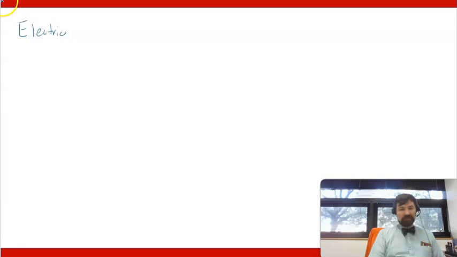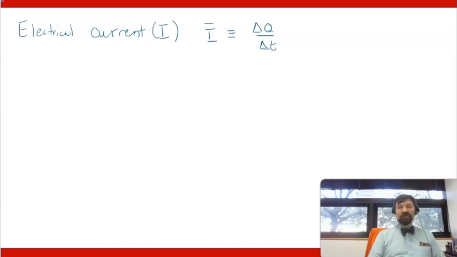Electrical current is defined as follows. If we're using an I to represent current, then I, on average, is mathematically delta Q over delta T, where delta Q is charge. So you could think of this as charge flow rate.